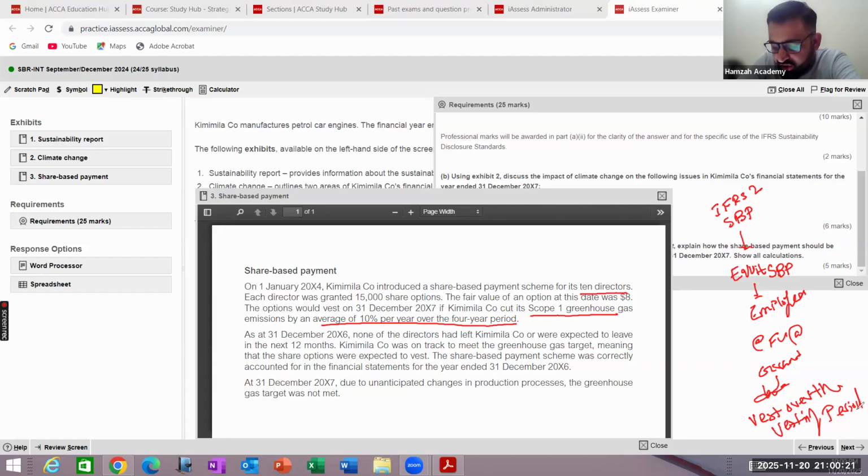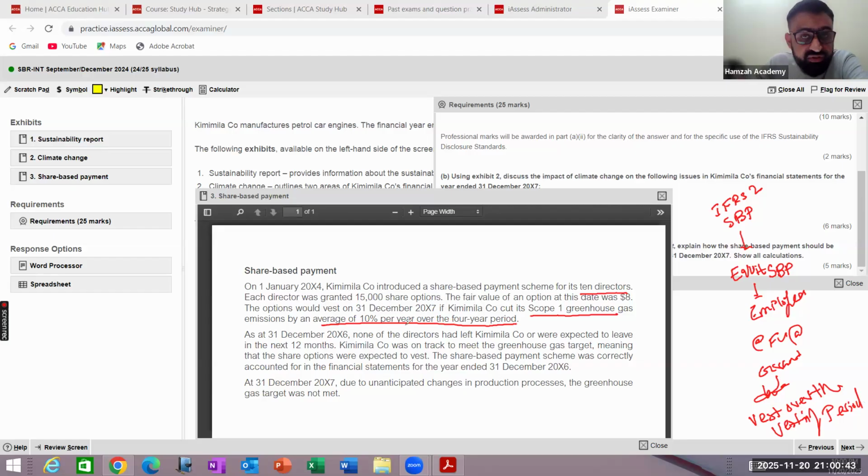And the service condition and non-market condition must be fulfilled. If they are not fulfilled, we will adjust our estimate. As far as the market-based conditions are concerned, they are measurement adjustments at the date of measurement. So subsequently, if they are not fulfilled, that does not affect the recognition of the expense.